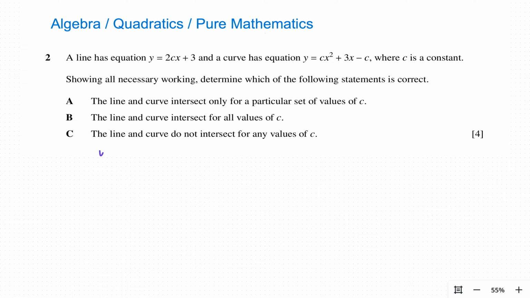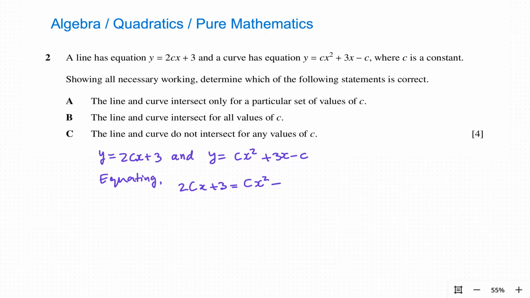If I write it down again, y equals 2cx plus 3, and we also have y equals the equation of the curve, so cx squared plus 3x minus c. So equating, we can say 2cx plus 3 equals cx squared plus 3x minus c.